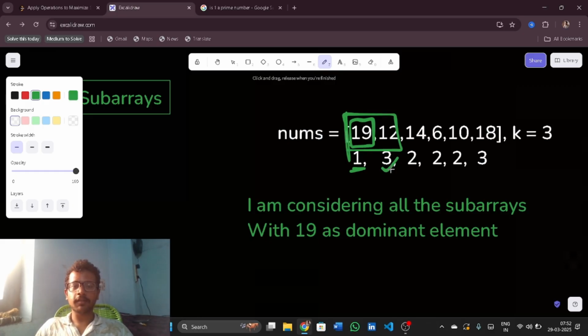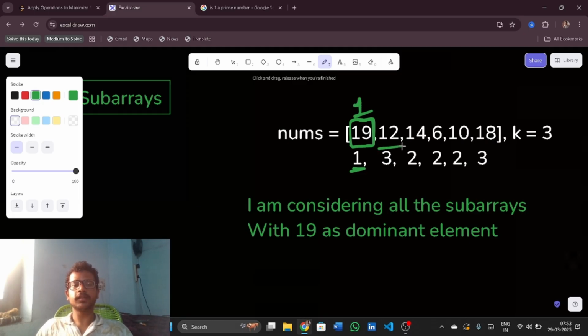So here it is 3. But if I consider this subarray, then 12 would be the greatest or the dominant element. So that's why this 12 I need not consider. This subarray I would not consider. I would consider only this subarray. So with index 1, there is only one subarray that I can get.